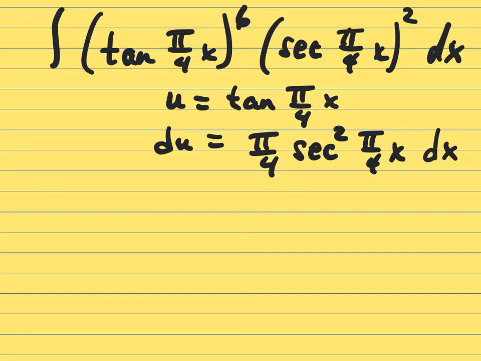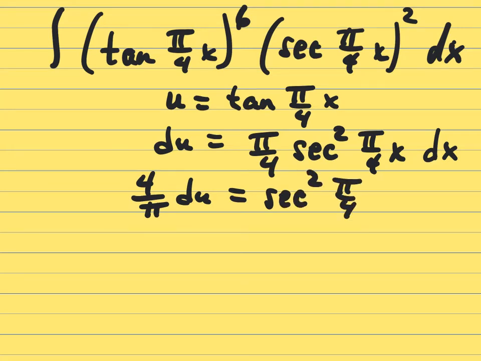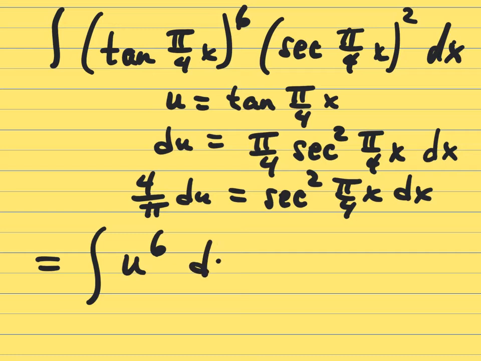Divide both sides by pi over 4. And then go back to the original problem and trade out all the original terms for their substitution forms. I've got to be careful to put 4 over pi in there because it's a multiple. It can come out front.